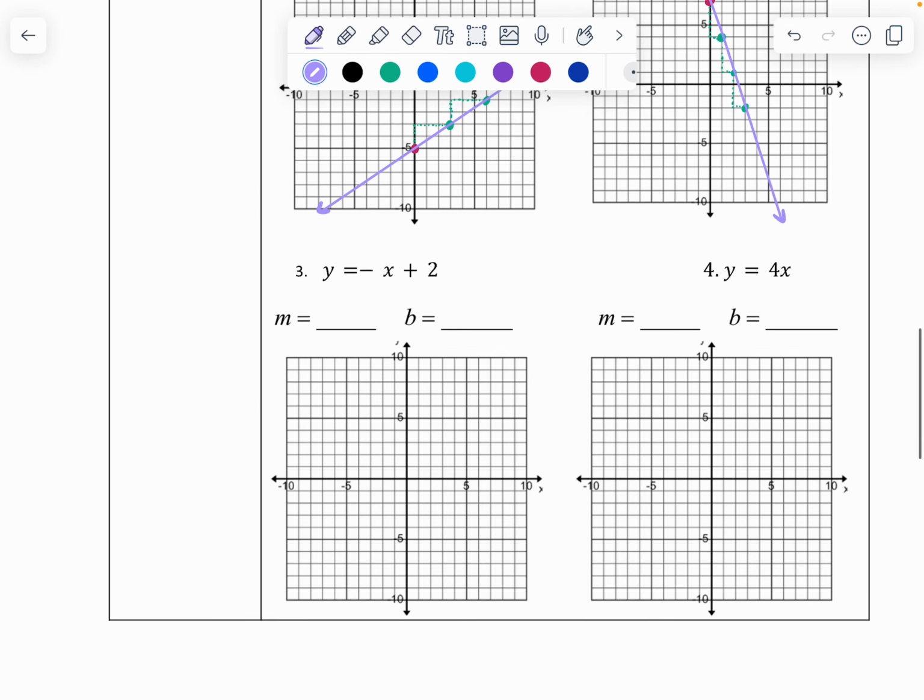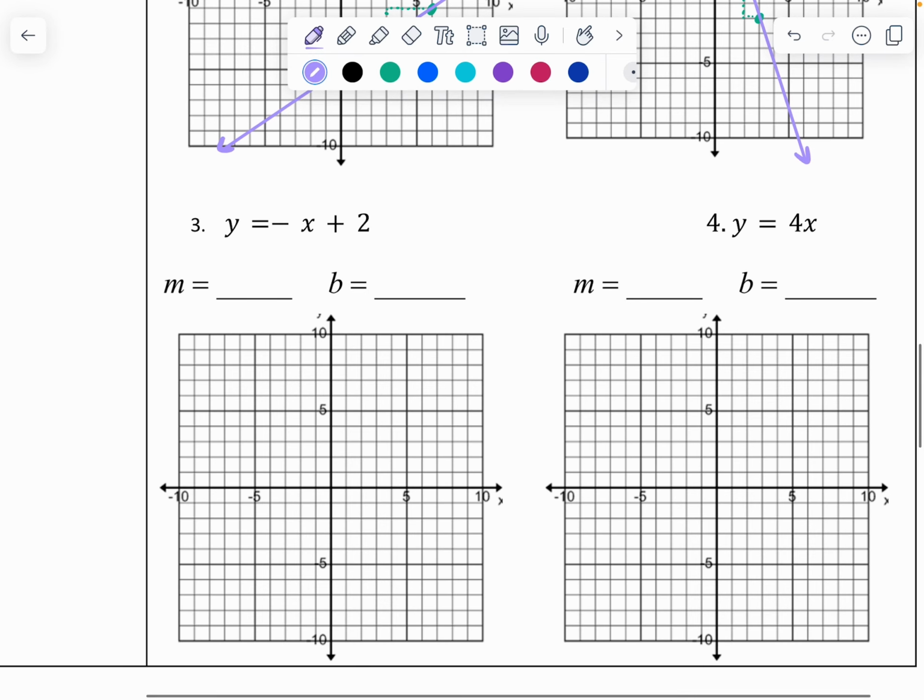Number 4, -x plus 2. This one's a little tricky because where is the number for m? Remember that if you don't see a number there, it's an invisible 1. So our m is actually -1. Let's turn it into a fraction and put a 1 on the bottom so that we can get a rise over run.